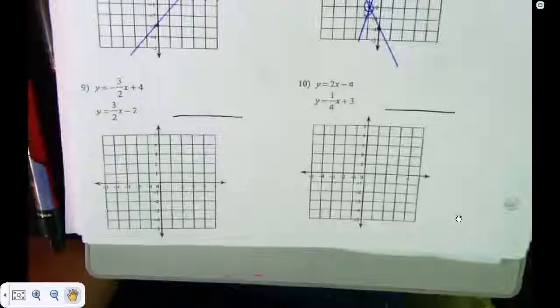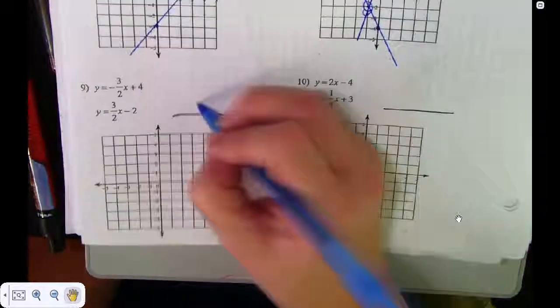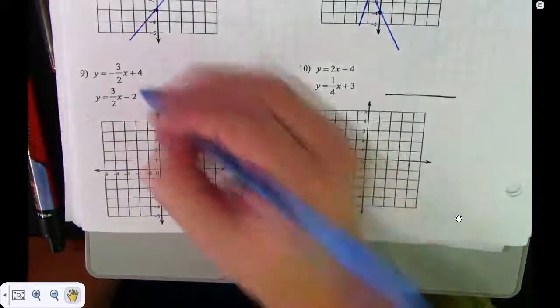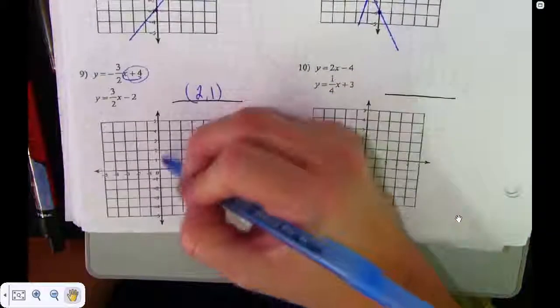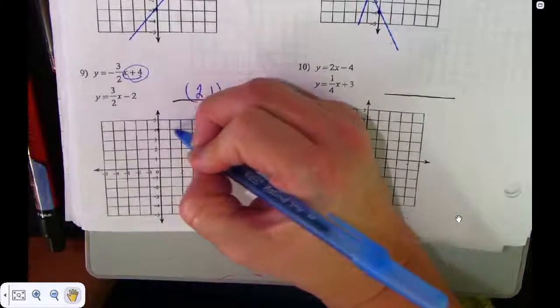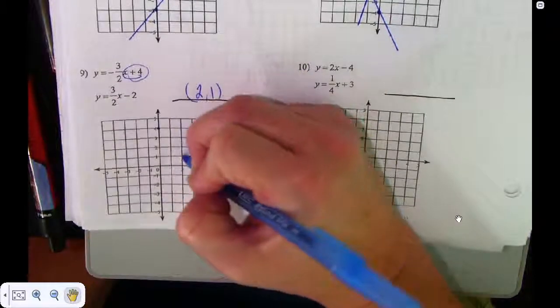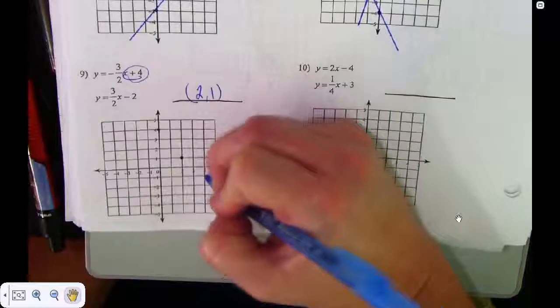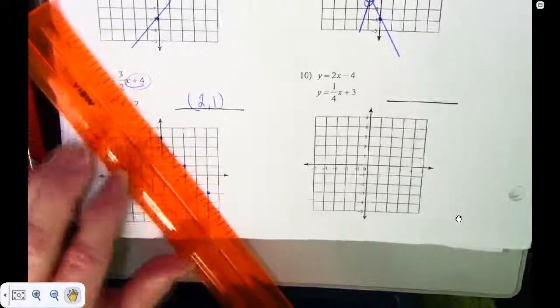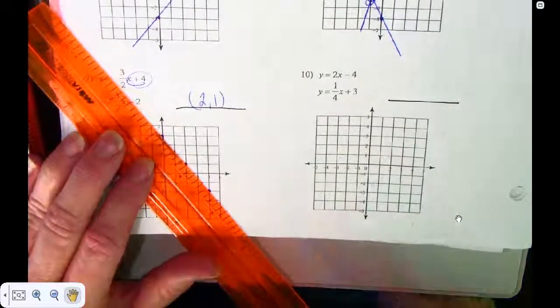Okay, number 9. What'd you get on number 9? Okay. Plus 4. So I'm going to go up to 4. That's my y-intercept. I'm going to go over 2, down 3. It's rise over run.